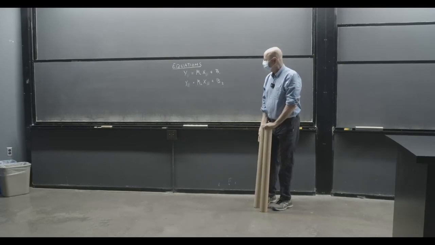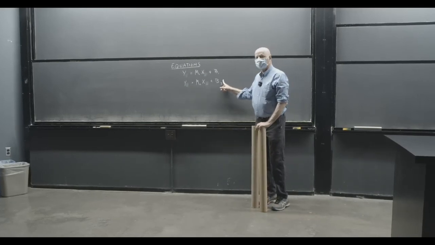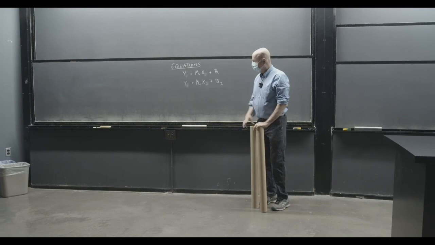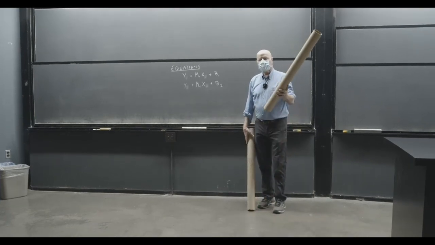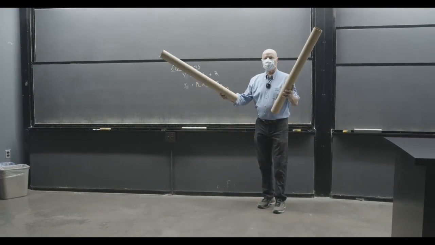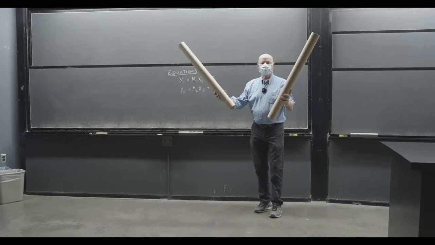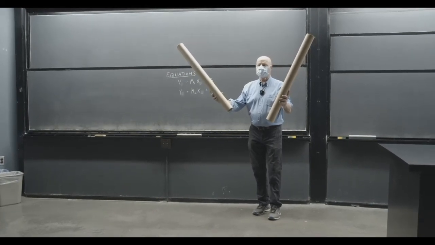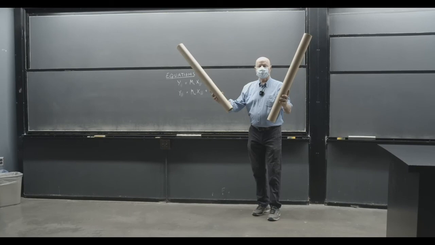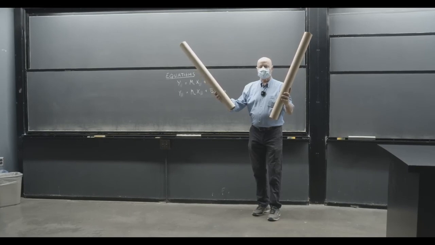And we can have another equation for a straight line, y equals m2x plus b, and that's another straight line. And when these two things are going off in different directions, they have different values of m and different values of b, and their positions can be very exactly defined by those equations.